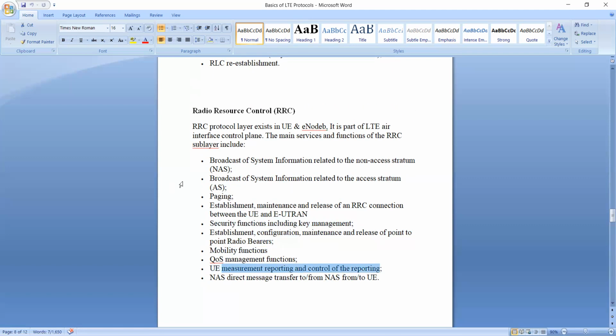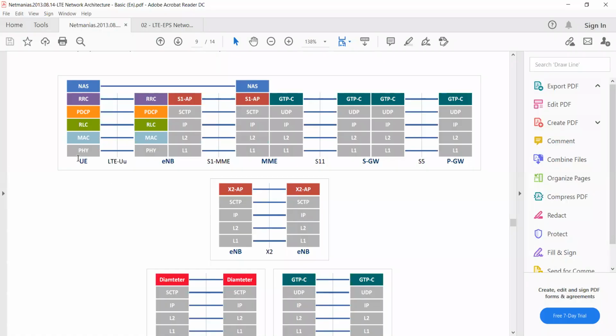So RRC comes into access stratum. We have two parts: access stratum and non-access stratum. Whatever you see here, you are seeing PHY, MAC, RLC, PDCP, RRC.